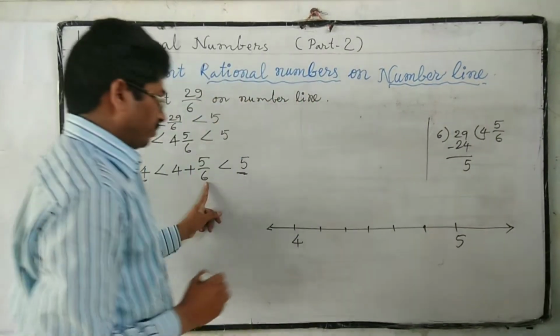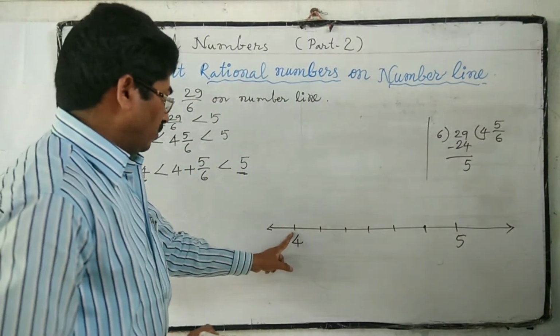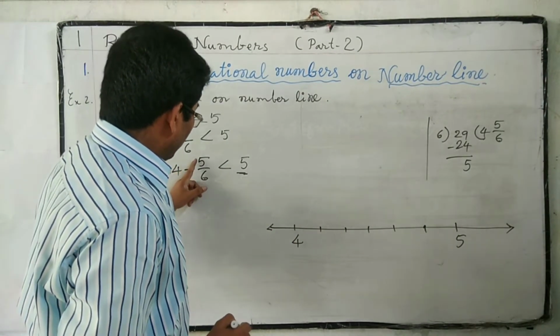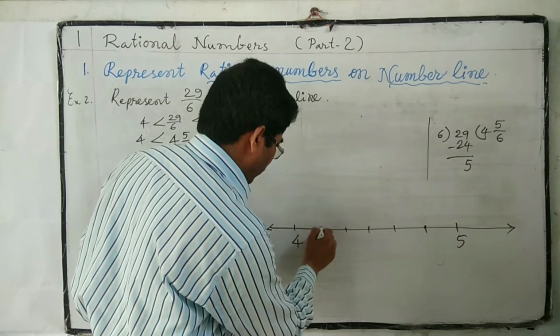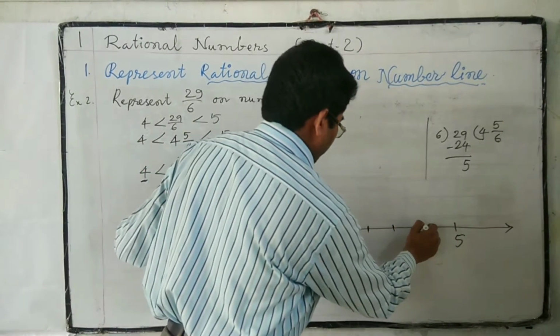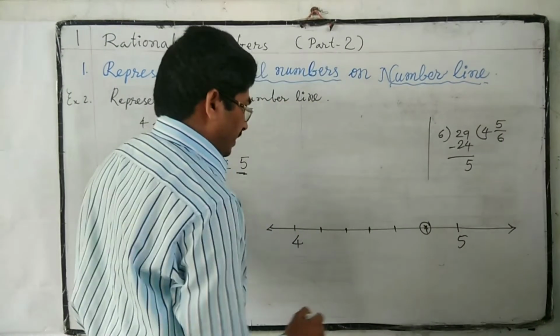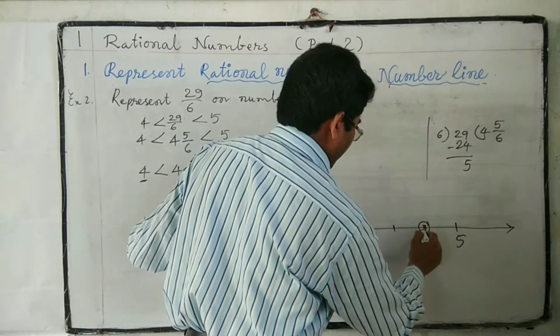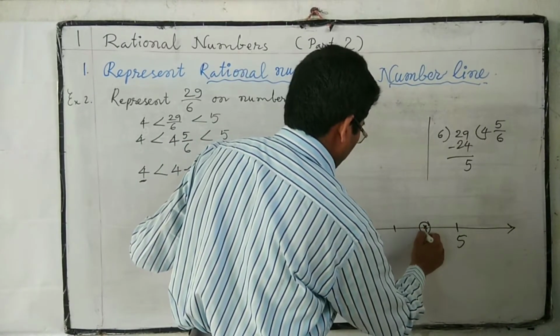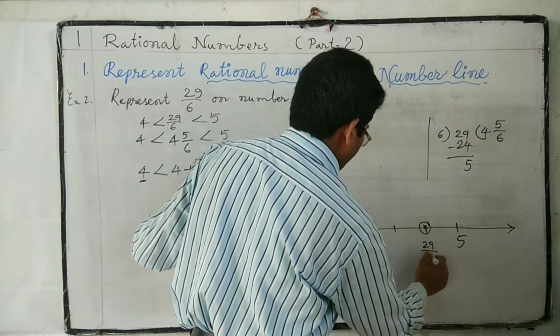Counting from 4, we have to reach 5. Count 1, 2, 3, 4, 5. This is the required rational number, 29/6.